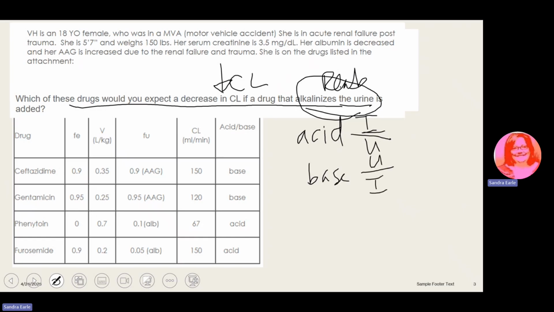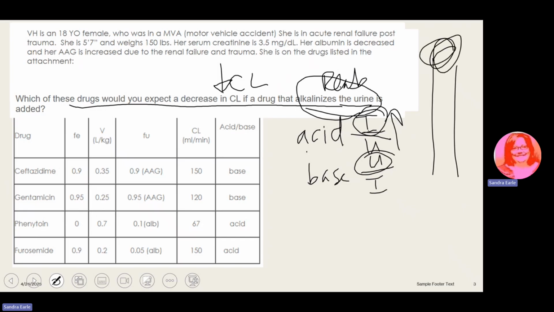If we alkalinize the urine, we're going to favor the numerator of these species. So an acid is going to be more in the ionized form. Again, if we think of our nephron, if it's more in the ionized form, it's got more of a charge. It's not going to be reabsorbed, is it? We're going to block reabsorption again, and clearance is going to increase.